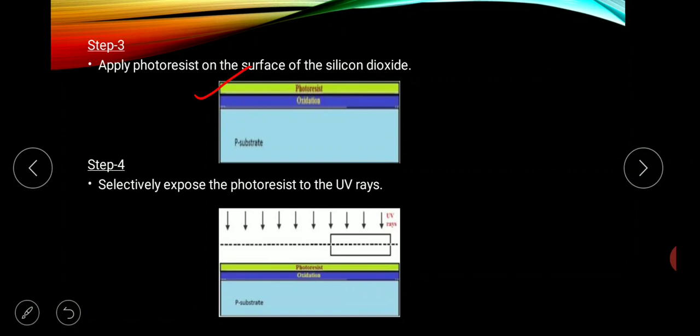For that we use a mask. This is the masking step, and this rectangular area is the open area through which the UV rays pass and reach the photoresist. The other regions do not allow the UV rays.